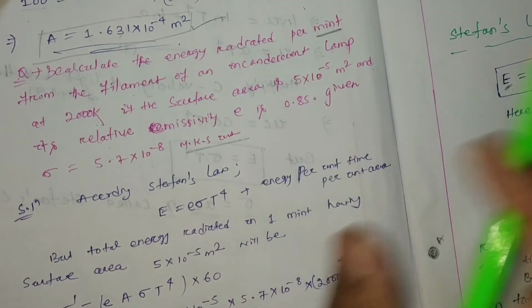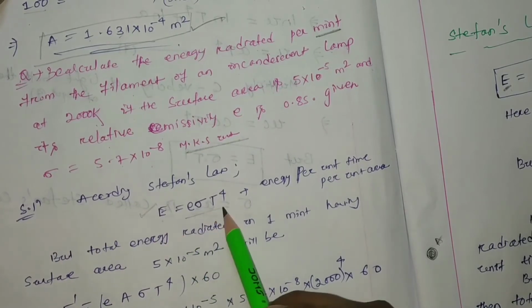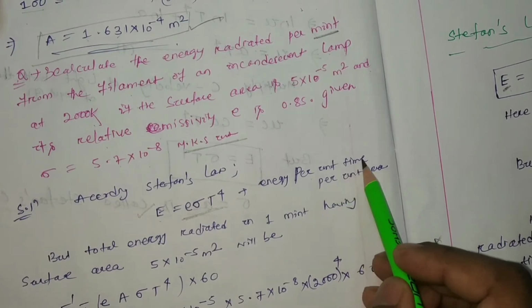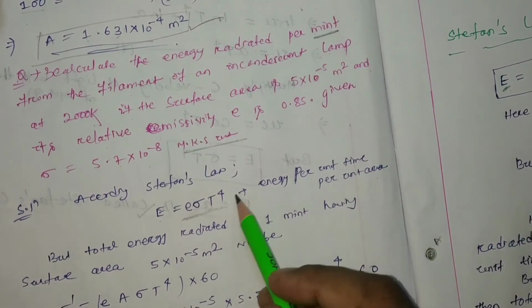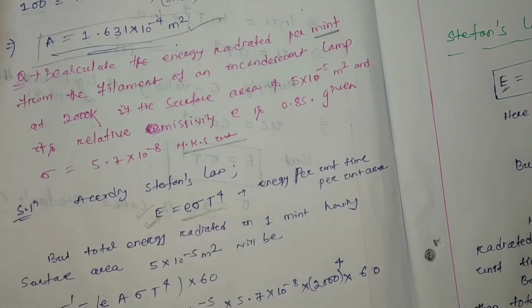Very simple. According to Stefan's law, e equal to this much. This represents energy per unit time per unit area, the energy radiated by any body.